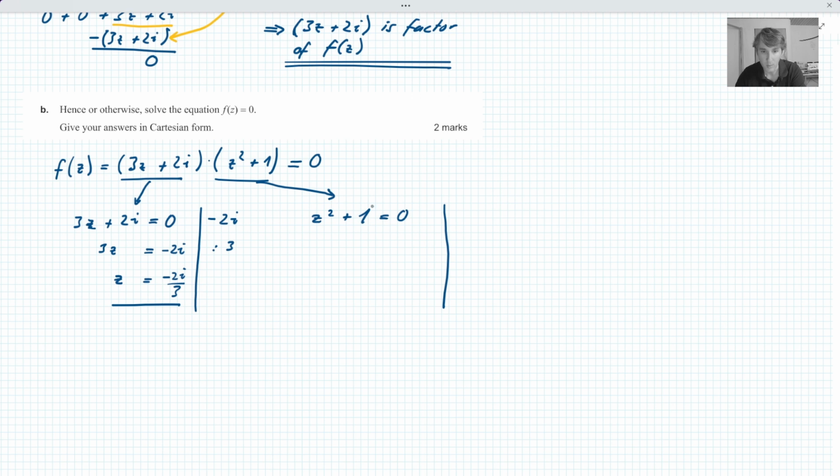This one is a quadratic equation, but it's a pretty simple one, so we can just isolate c again.